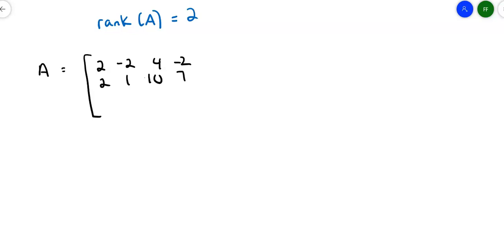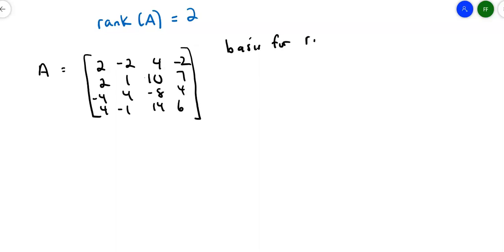So this will be a 4 by 4. -4, 4, -8, 4, and 4, -1, 14, and 6. And my question is, I want to find a basis for the row and column space of A, and I want to find the rank of matrix A.